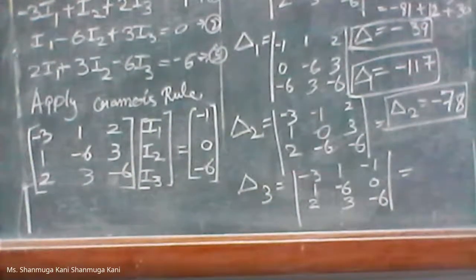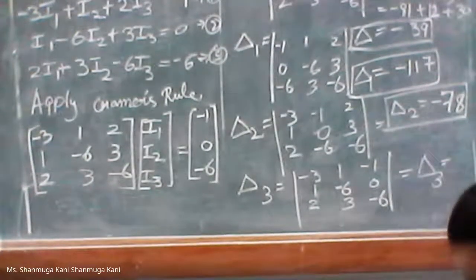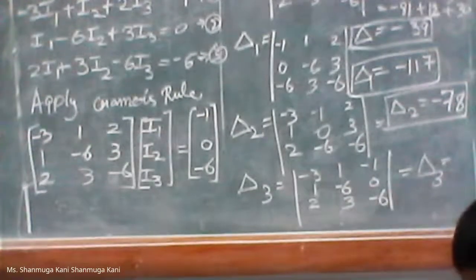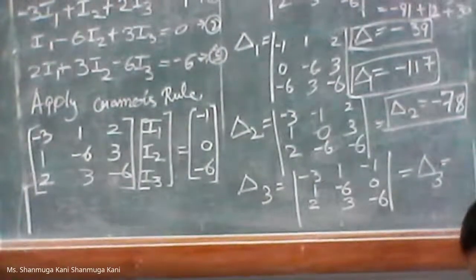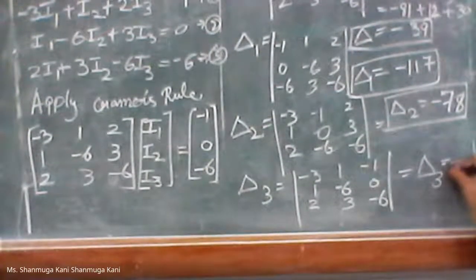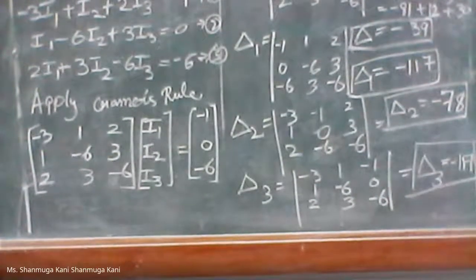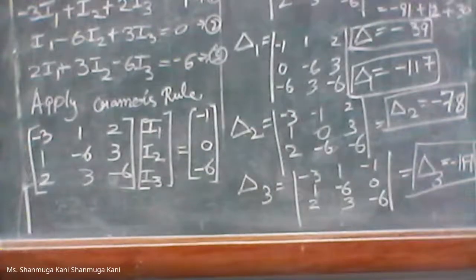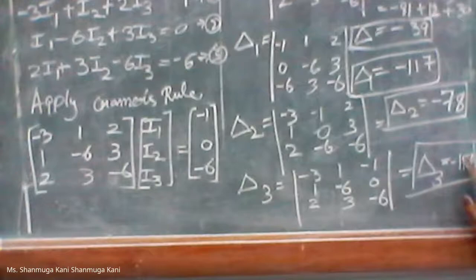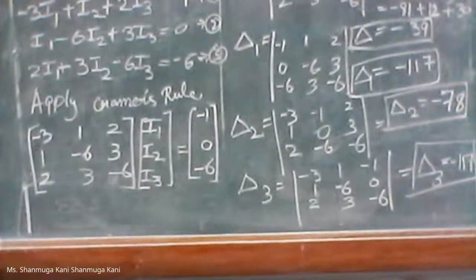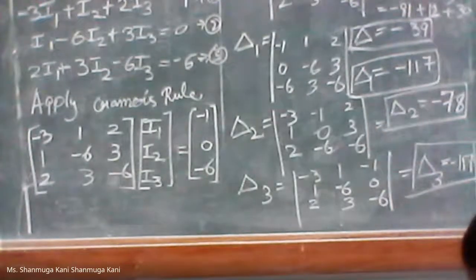So this is our del 3. Del 3 value is minus 117. You can solve and recheck whether you are getting the same del 1, del 2, del 3 values.